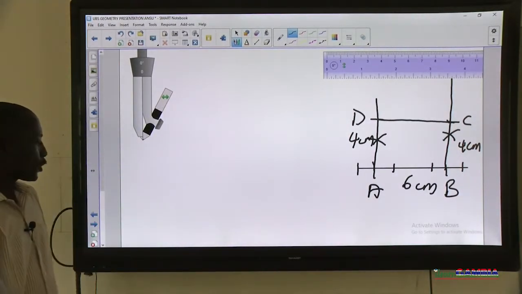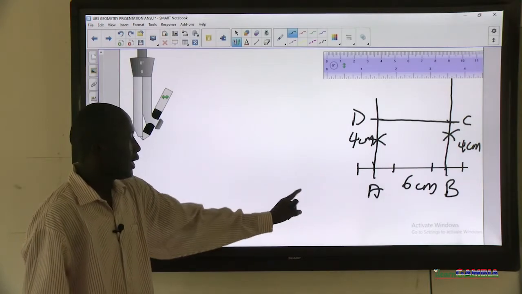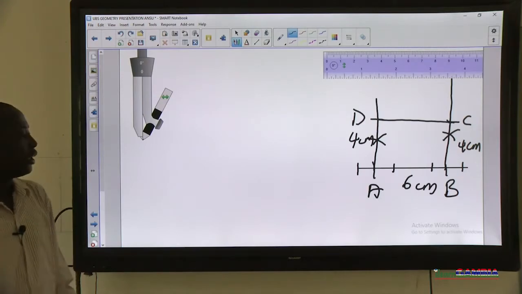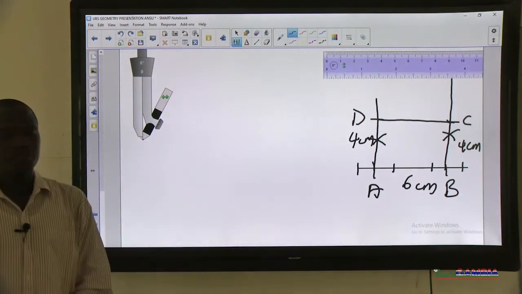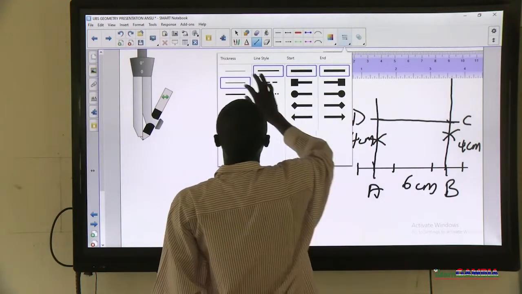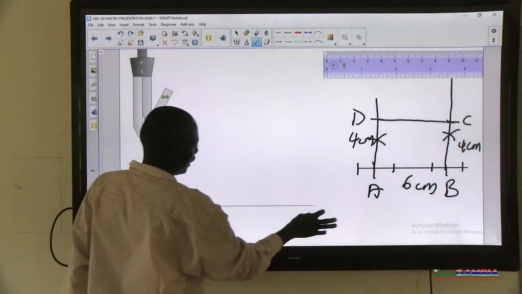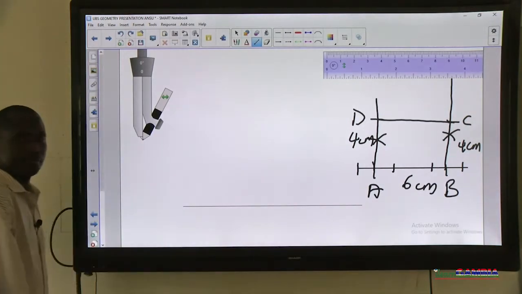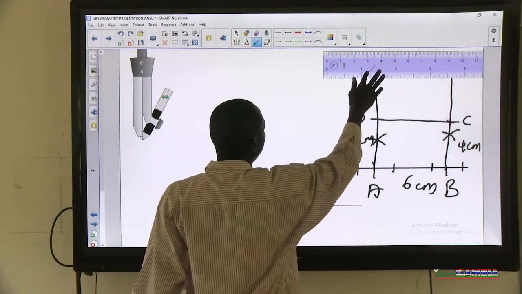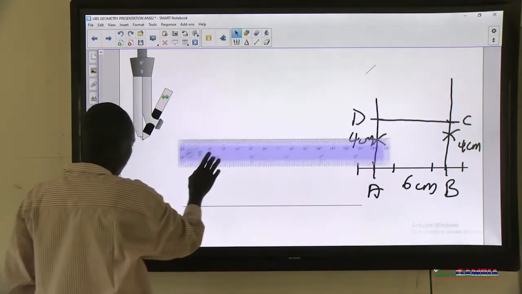Now what do we do first? We are supposed to draw a line AB. And what is the length of the line AB? It is 6 centimeters. And I draw a straight line which is 6 centimeters long. I have drawn a line. Now I take my ruler.